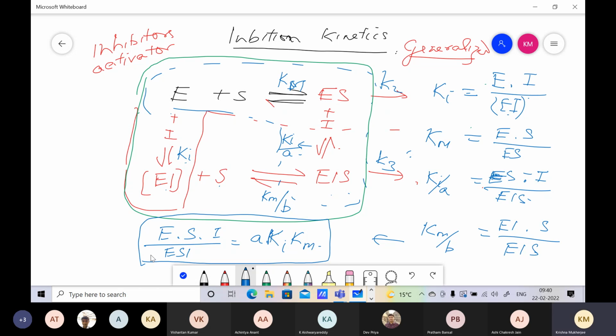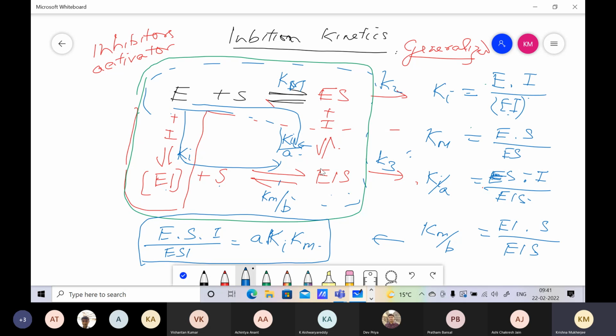Approach EIS from this direction and approach EIS from this direction, and they should all be the same.